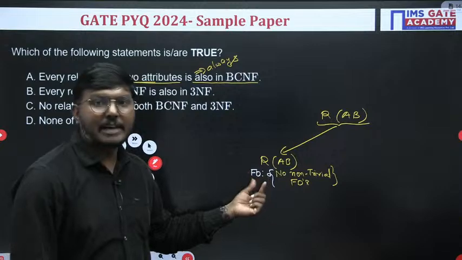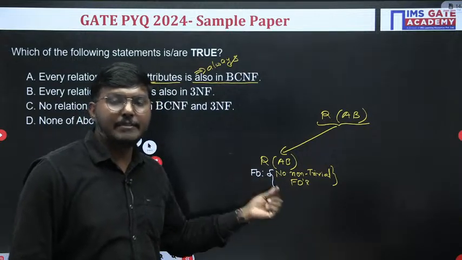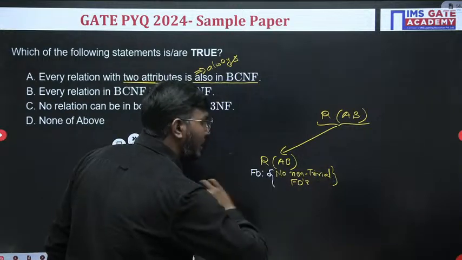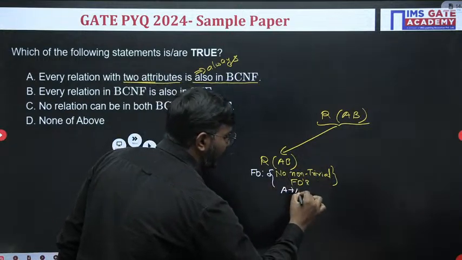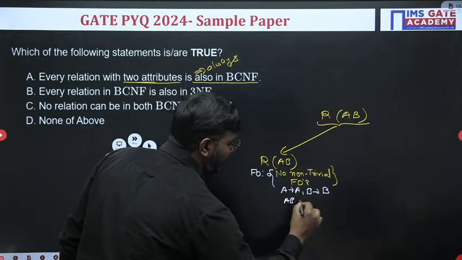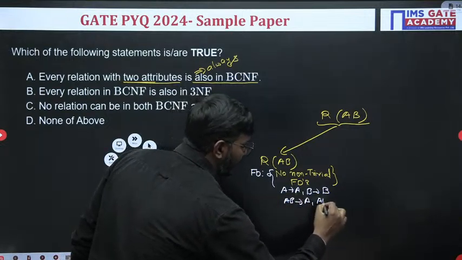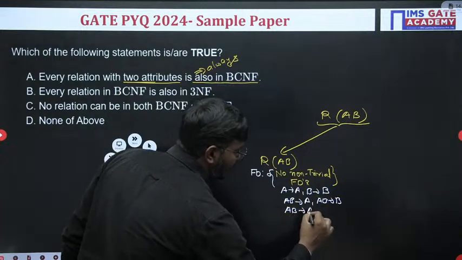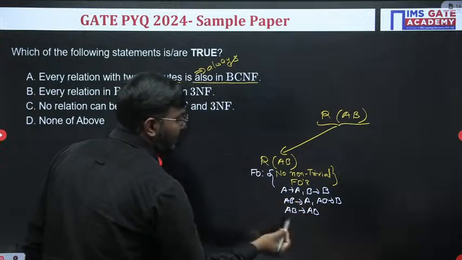If the relation has no non-trivial FD, then it has all trivial FDs: A goes to A, B goes to B, AB goes to A, AB goes to B, AB goes to AB. All trivial FDs are possible.